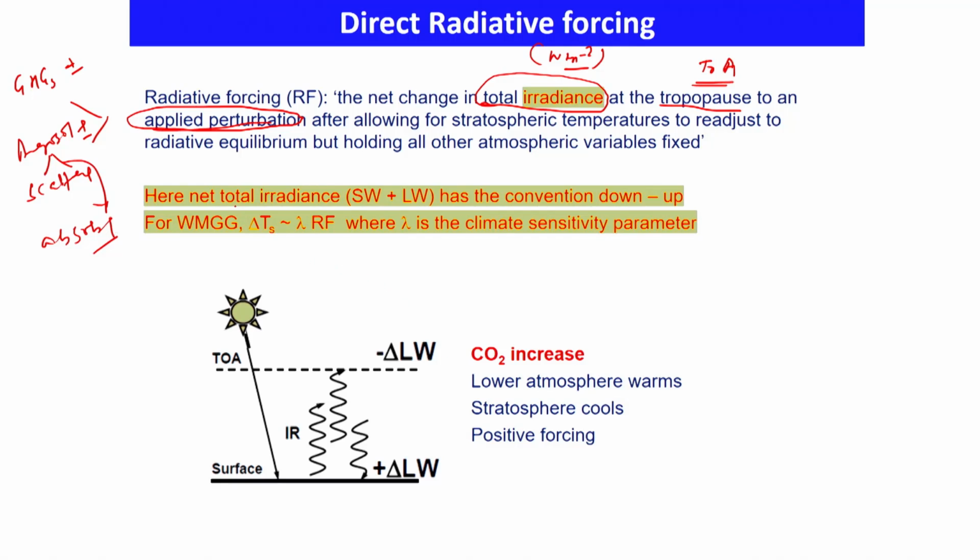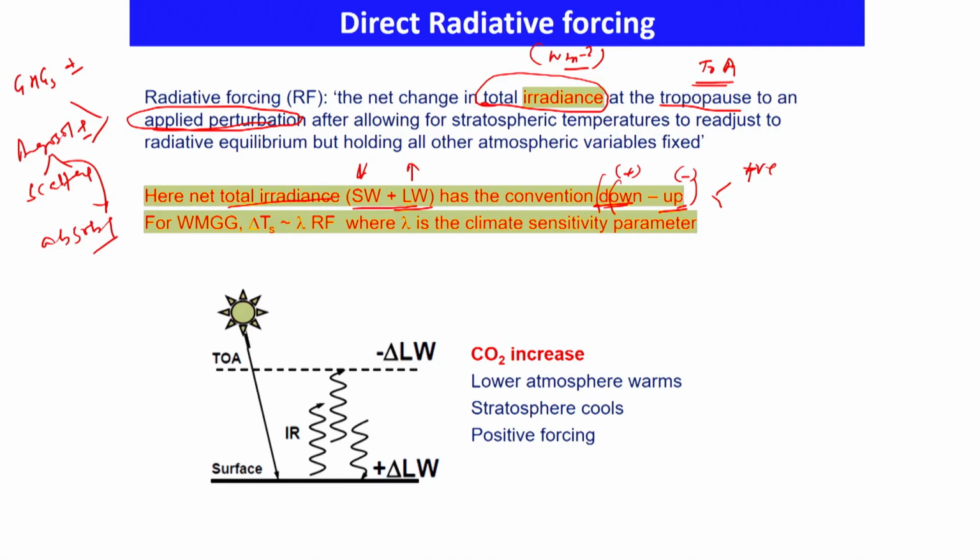Generally, the net solar irradiance is the short wave radiation coming from the sun and the long wave radiation outgoing from the earth. Conventionally we calculate down minus up. We take down as positive and up as negative.